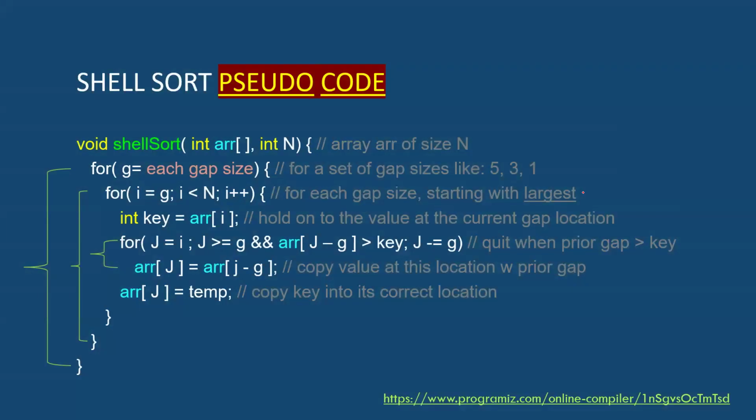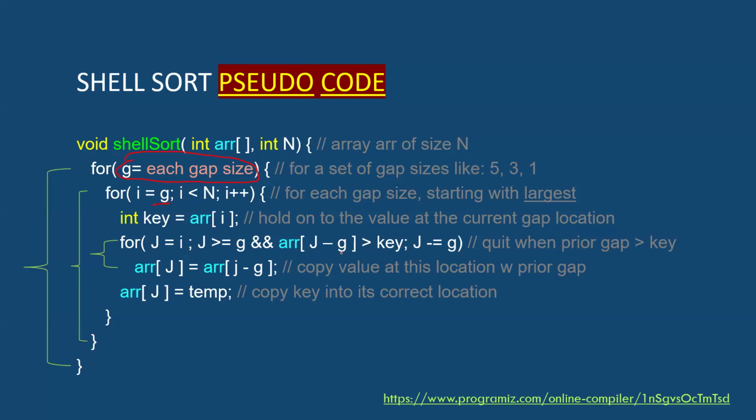So let's see if we can take a look at the analysis for this stuff. First let's look at the pseudocode. So for each gap size, I've kind of waved my hands at that, but let's say we've got an array with some numbers that are pre-selected somehow. I'm going to just use that G gap size inside of what is essentially an insertion sort.